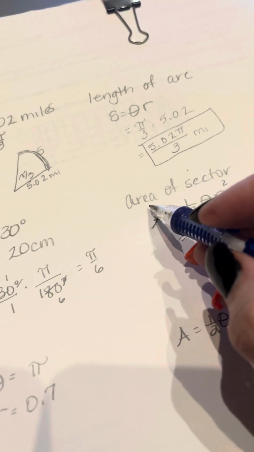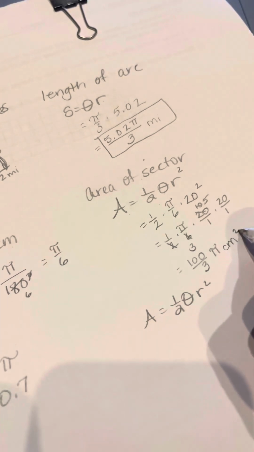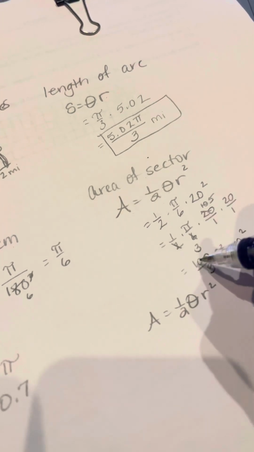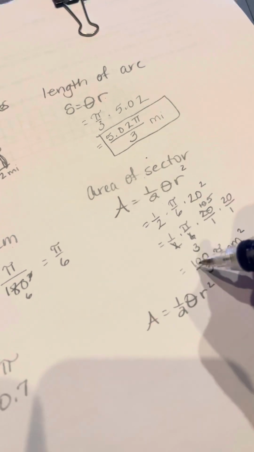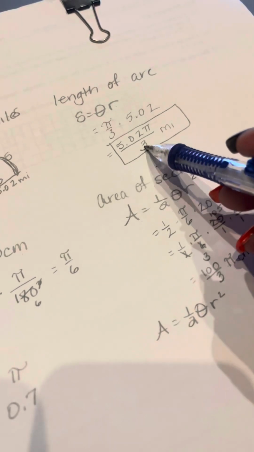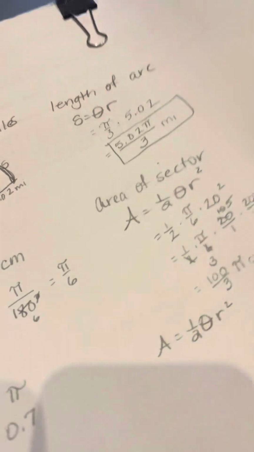And then this is area, so it's going to be square centimeters. This is going to be approximately 100 and something square meters. This is going to be approximately 6-ish miles.